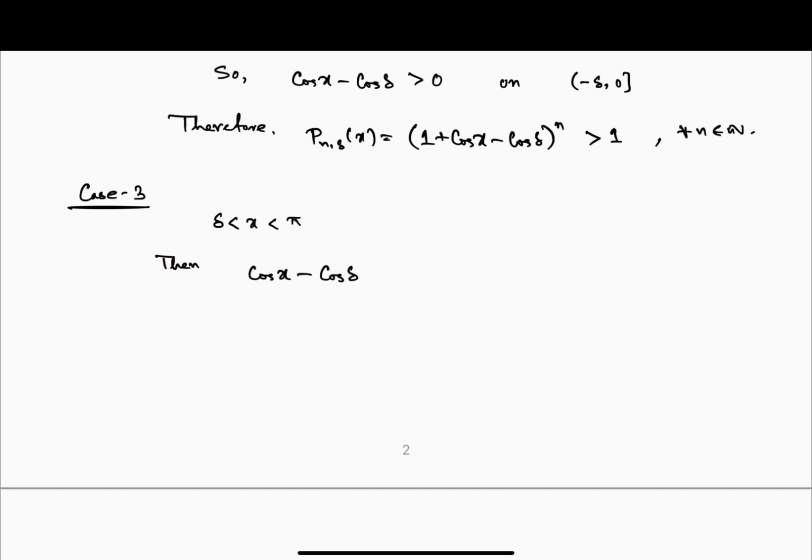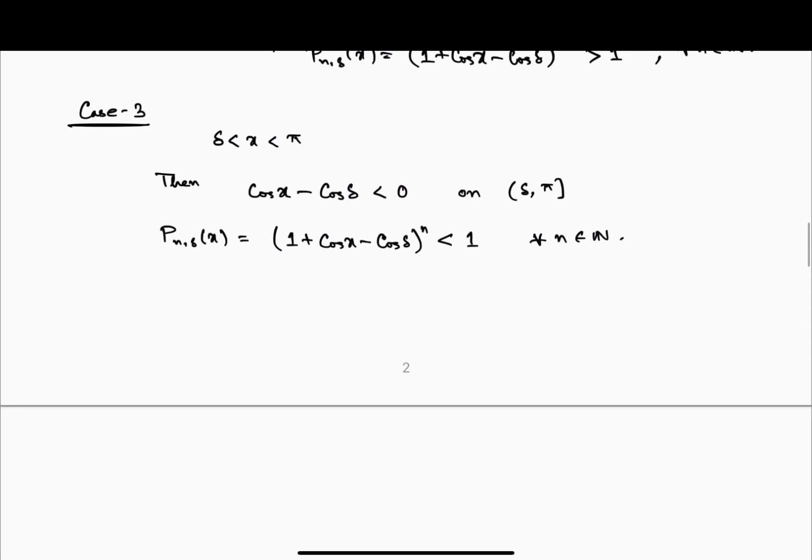As cos is decreasing, cos delta will be bigger, so this will be strictly less than 0 on delta to pi. So P_n,delta of x is (1 plus cos x minus cos delta) to the power n. As this quantity is strictly less than 0, the base is less than 1 for all n belonging to natural numbers.